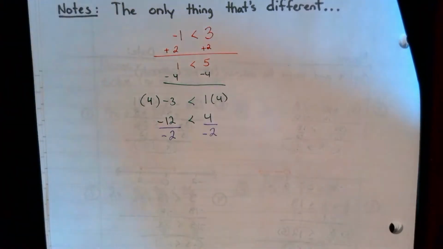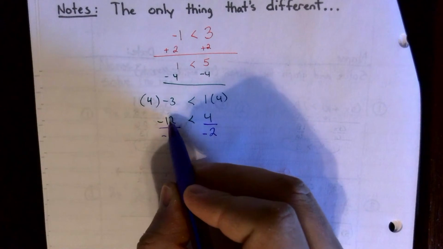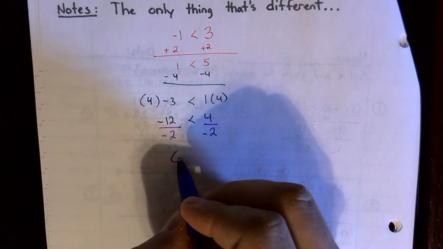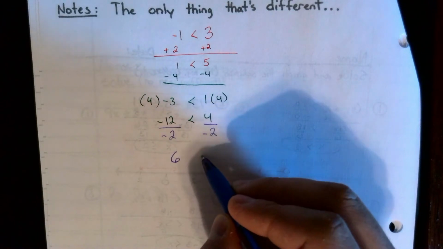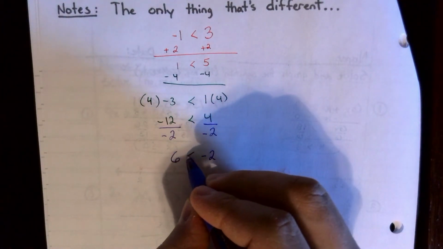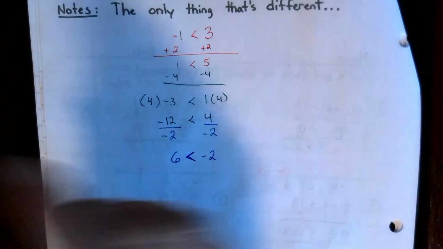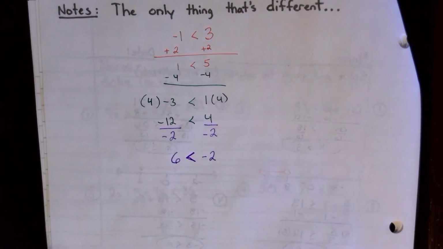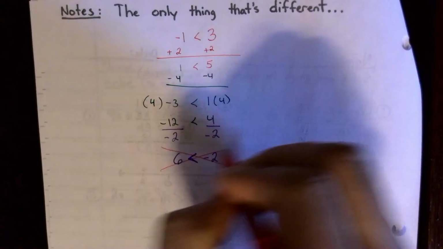If I divided both sides by just -2, I just picked that number randomly. Negative divided by a negative is a positive. I get 6, and 4 divided by -2 is -2. If I kept the sign in there, this is telling me 6 is less than -2. 6 is not less than -2 here. This is absolute garbage.